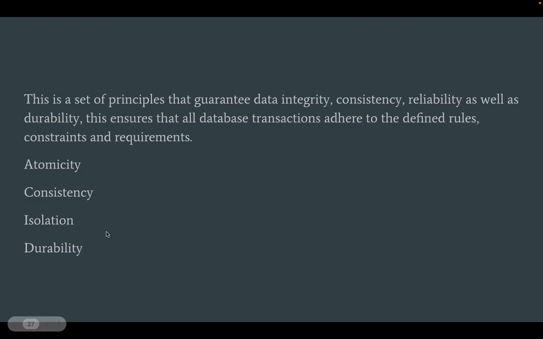And then durability: once the data is committed, it's persisted to the database, and even in a situation of system failure, a server shutdown, or network issues, if a transaction has been committed, it's persisted and the data is there based on the required rules, constraints, and requirements.